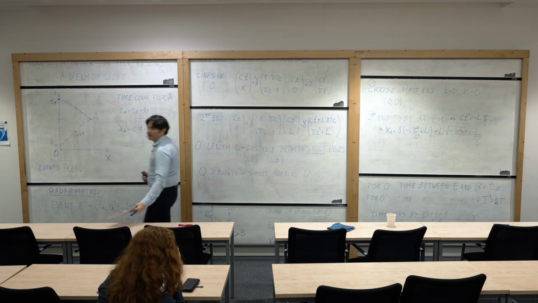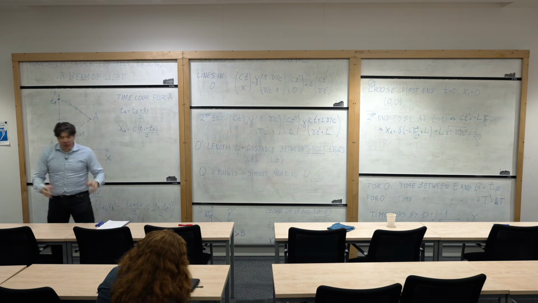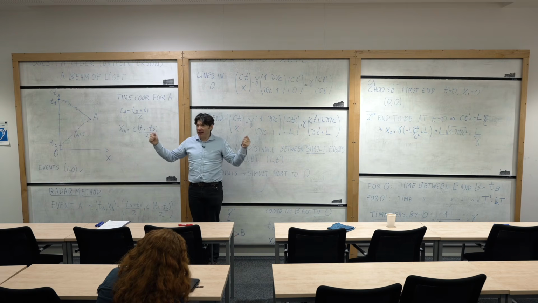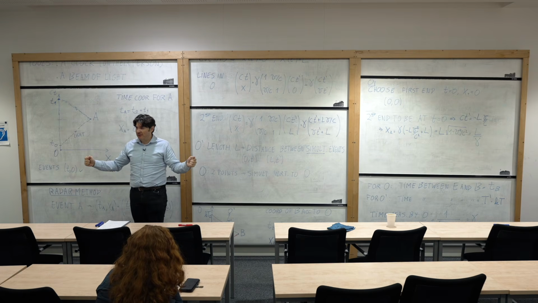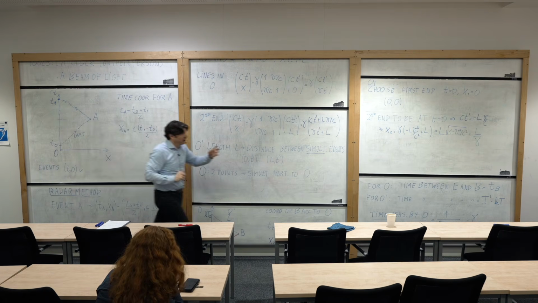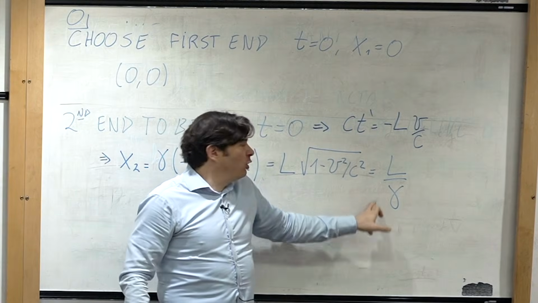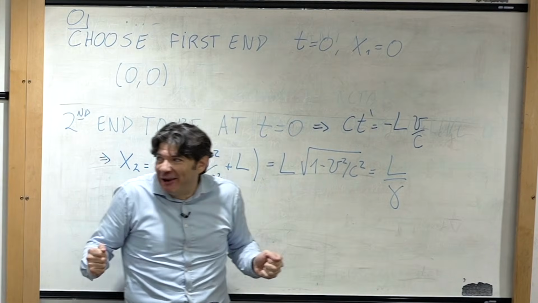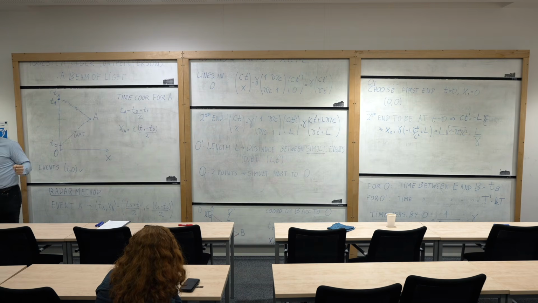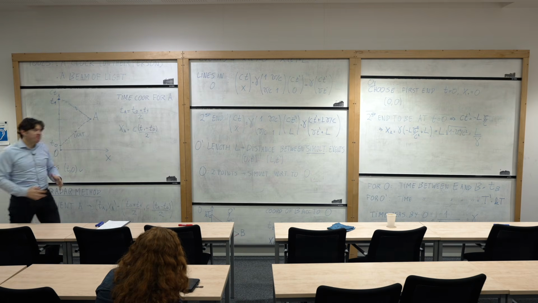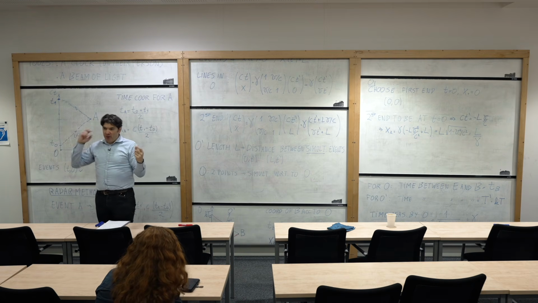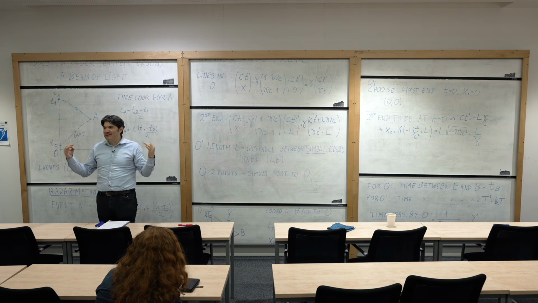So, if O prime has a rod of metal, or whatever material, of length L, O will think that the same rod has length L over gamma, a bit smaller. This is called Lorentz contraction. And the important point here is that both systems define distances between events in such a way that the events are simultaneous.